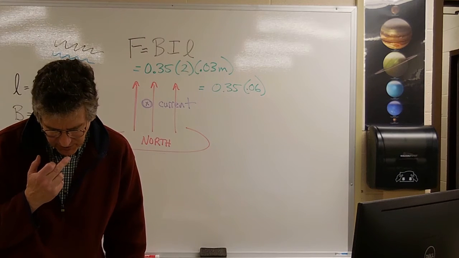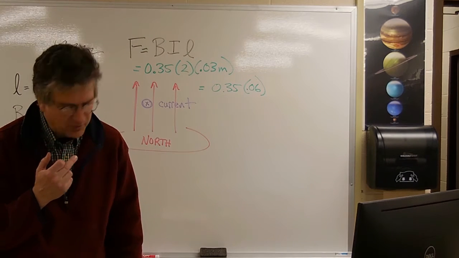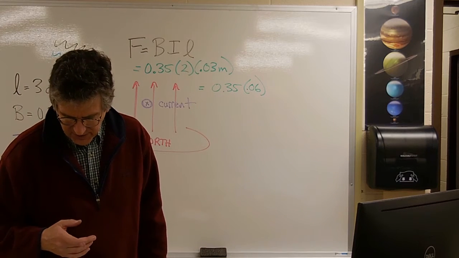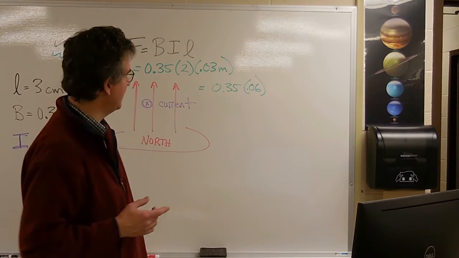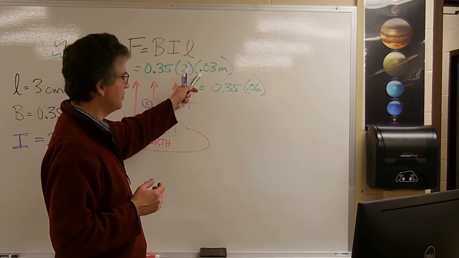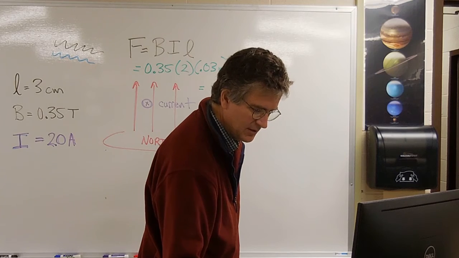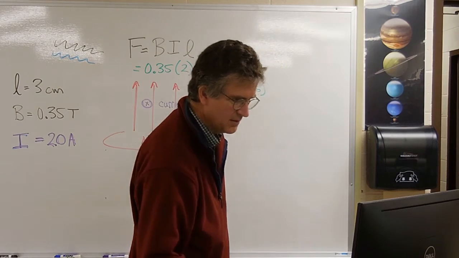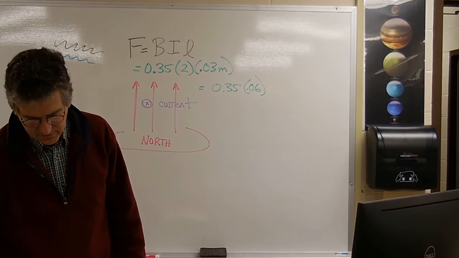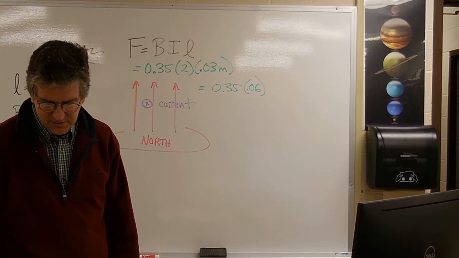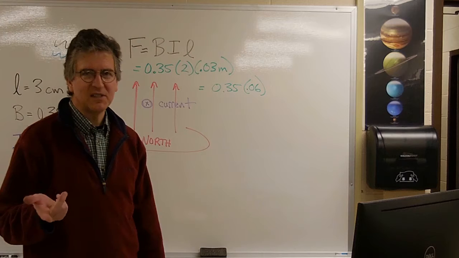I must be doing something wrong. The book is giving me 0.21. Let's see: 0.35 times 2 times 0.03 is 0.021. Could the book have a typo here? If there's something I'm missing, somebody email me.